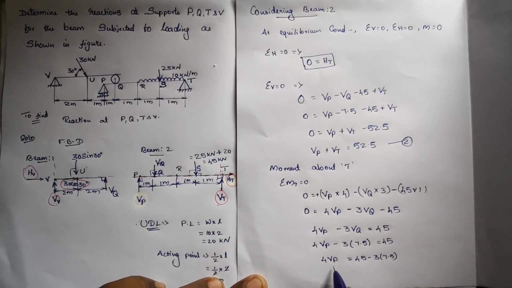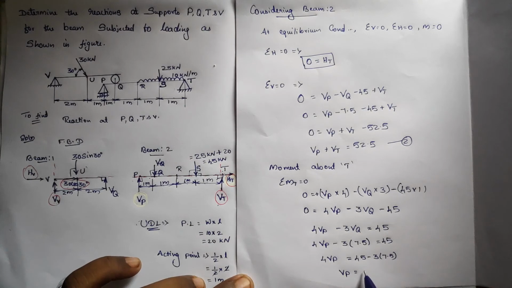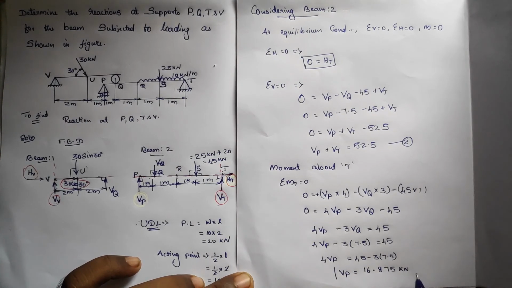And if we divide it by 4, we will get VP equal to 16.875 kilonewton. Okay, after subtracting, divide the term by 4 so that you will get this VP answer.